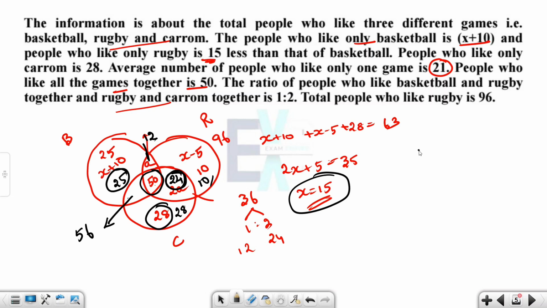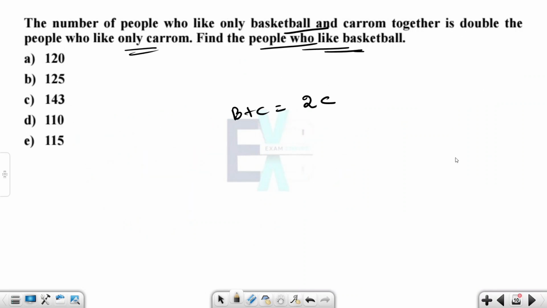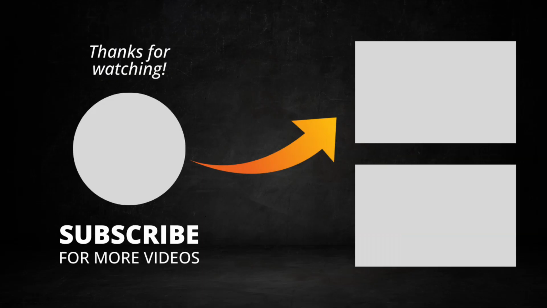That is 25 plus 12 plus 50 plus 56. So 75, 125, 131, 131 plus 12, 143. Okay, so the answer for this one is 143.